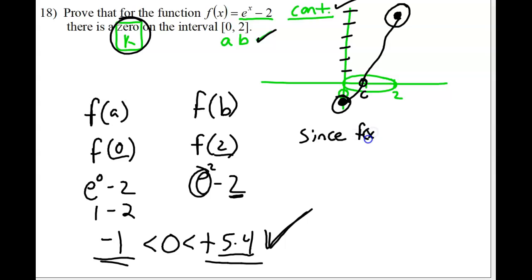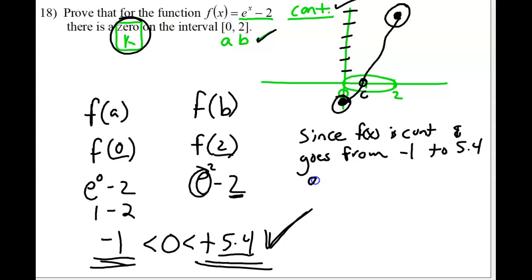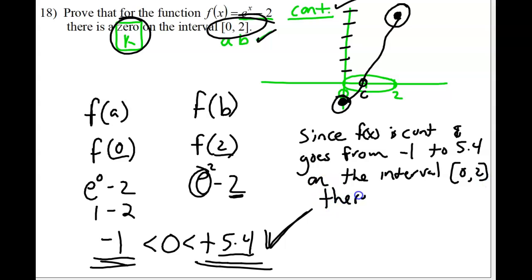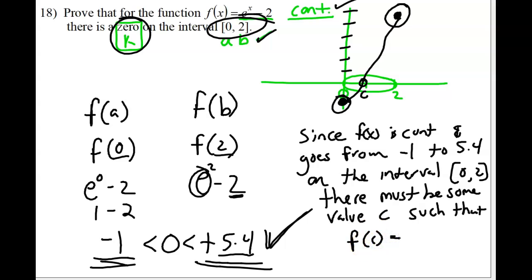Since f of x is continuous and goes from -1 to 5.4 on the interval (0, 2), there must be some value c such that f of c is my given k value, which is 0.